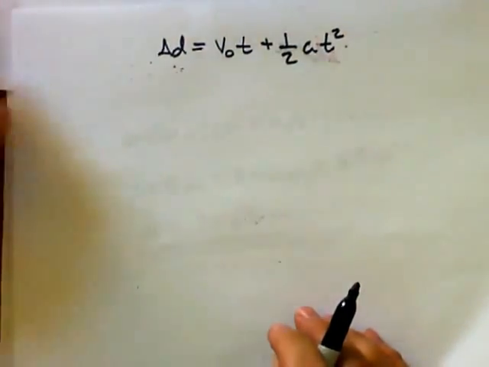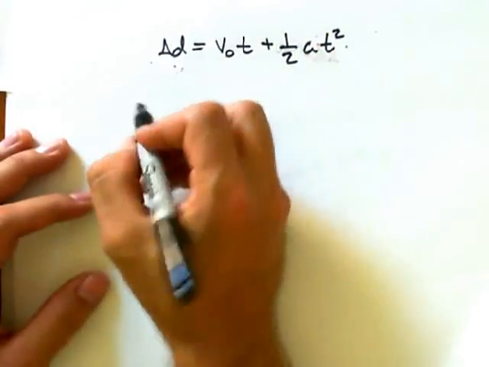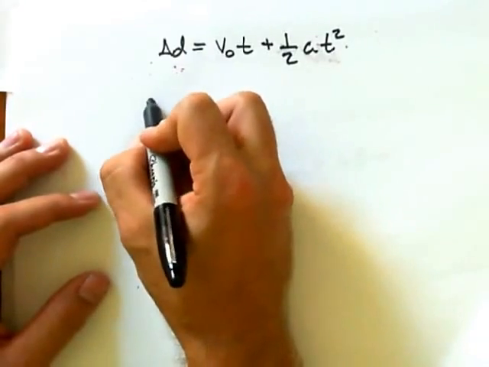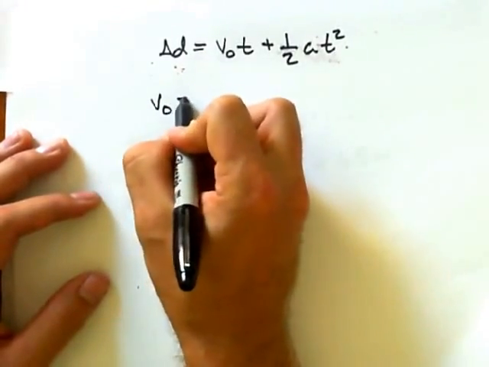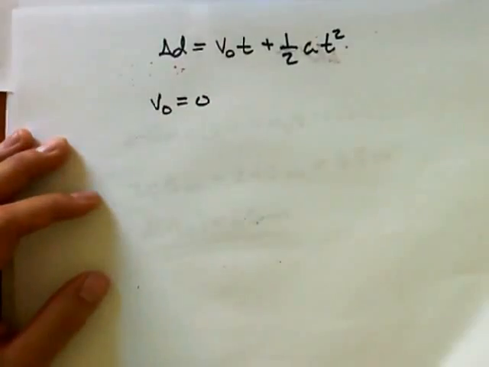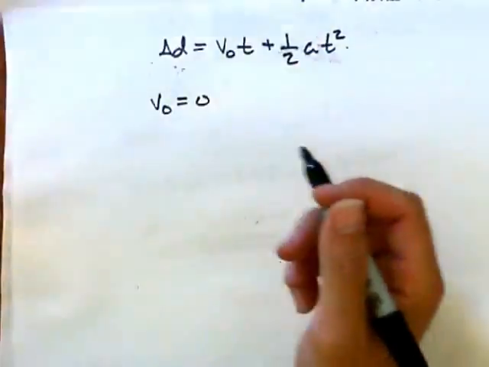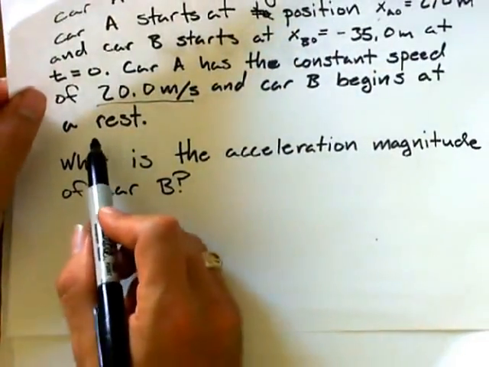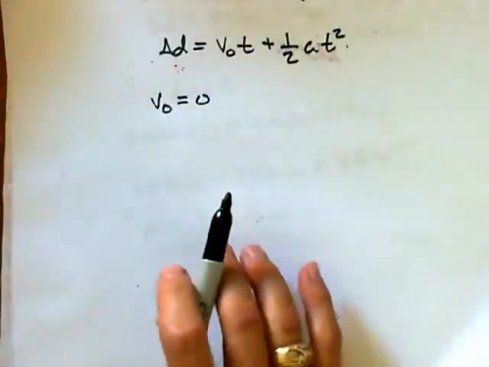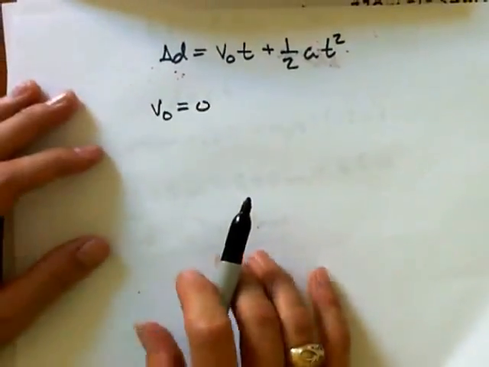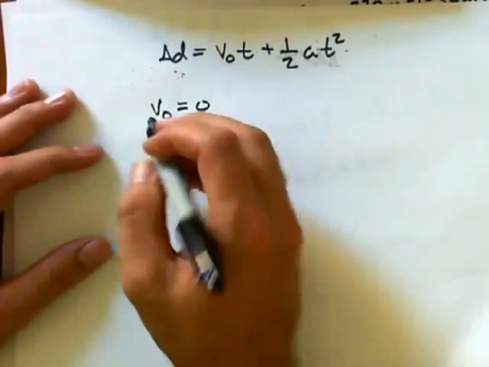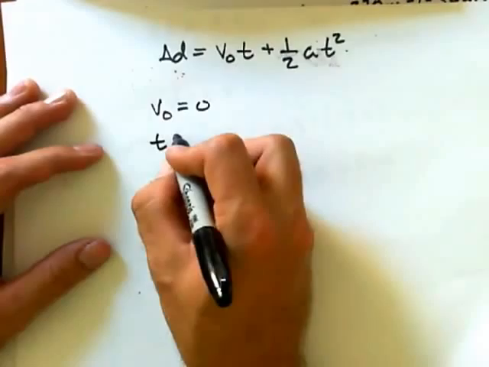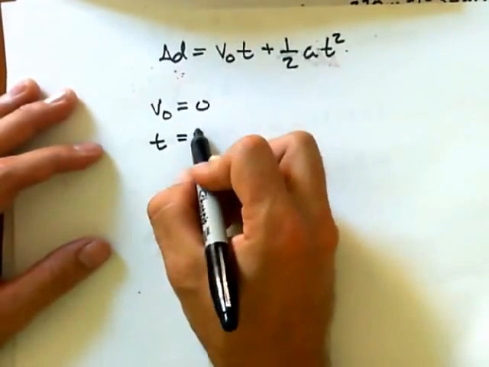So let's see what we have here. We know that the initial velocity for car B is 0, because it starts at rest. Okay, we know that the time that we're looking for is 12 seconds.